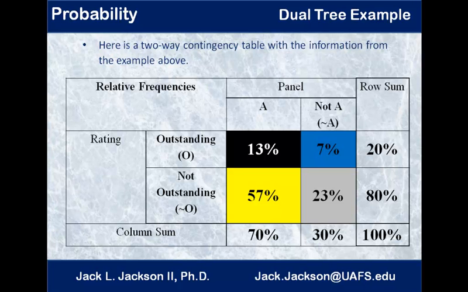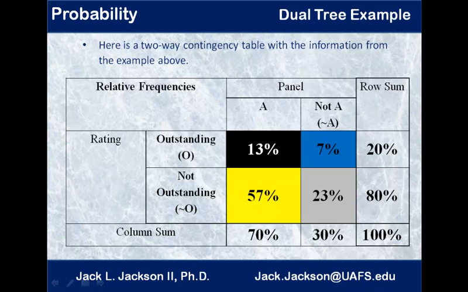And notice, since these in the middle are mutually exclusive events, in fact these 4 things partition the entire sample space into 4 little parts, and we can add up down the columns and also across the rows. So adding up across the rows, 13% plus 7% is 20%. That's the probability of outstanding. 57% plus 23% is 80%.